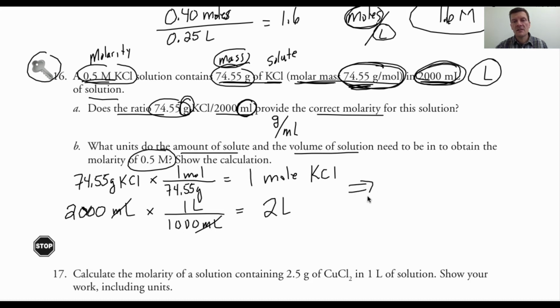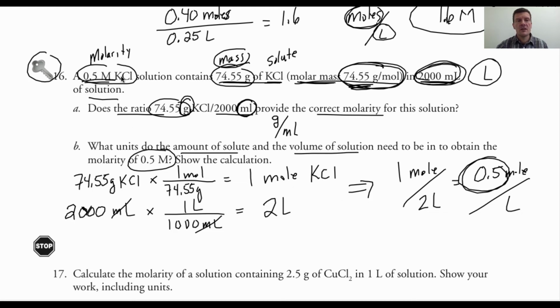Now I can do my calculation. I have 1 mole per 2 liters, which would be the same as, if I take 1 divided by 2, half a mole per 1 liter. So that's how we get the half molar here. Half molar of potassium chloride.